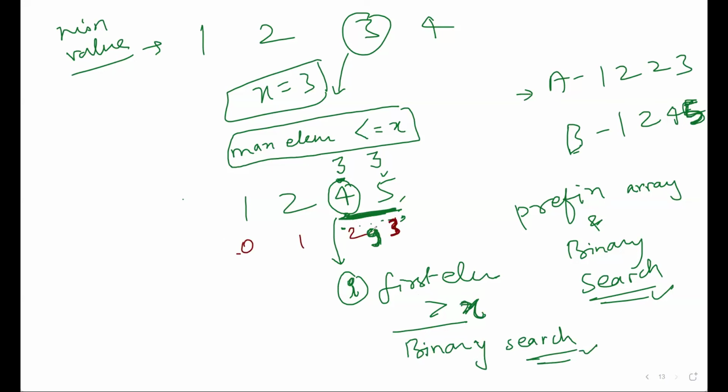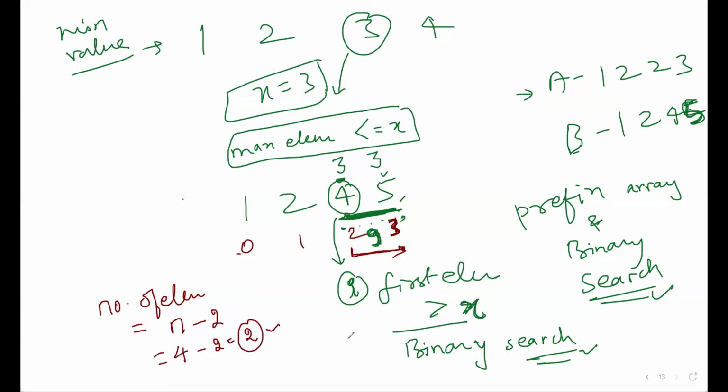Now, once you know the index, you have to change all values from index 2 to the very end. So you can find the number of elements. The number of elements is going to be n minus this index. N is 4, 4 minus 2 is 2.